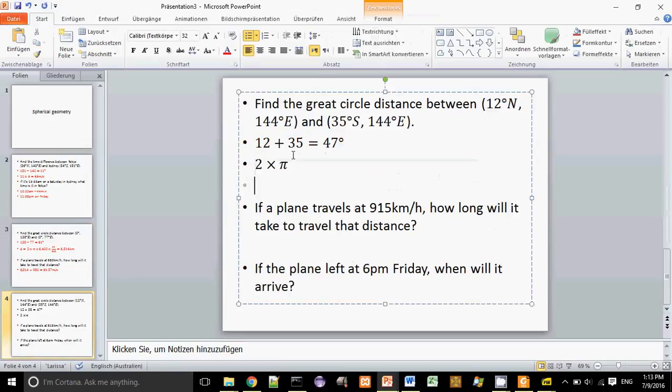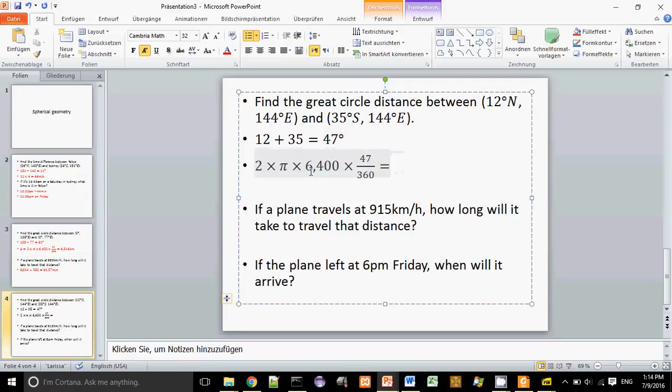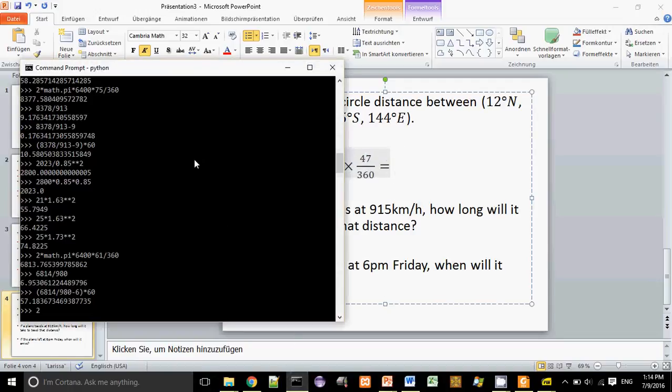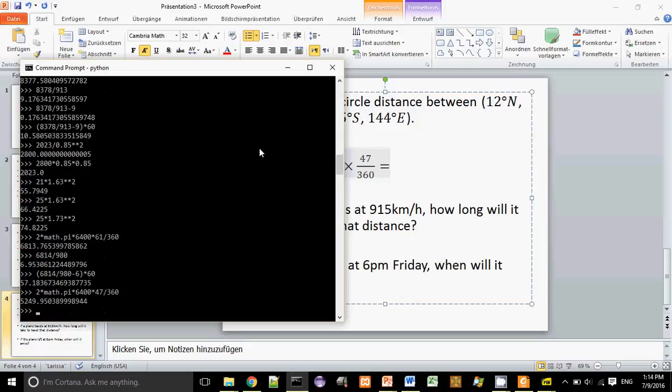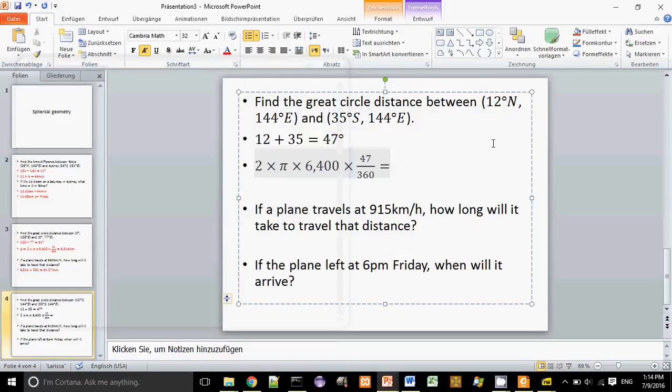Let's just do it. 2 times pi times radius times 47 over 360. That's 5,250 kilometers, close enough.